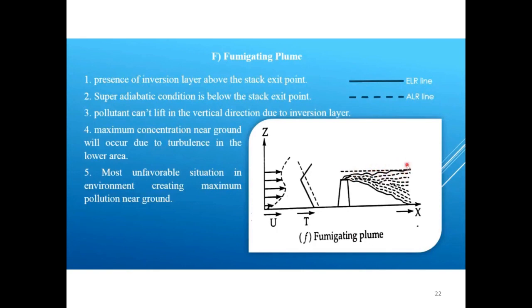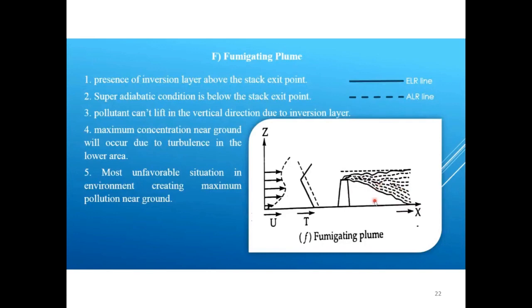Also, you can see below the inversion layer there is a situation like super adiabatic situation. So whatever pollutant is coming from the stack gas, their dispersion and their mixing will be very much high, very much rapid, surrounding the ground surface.